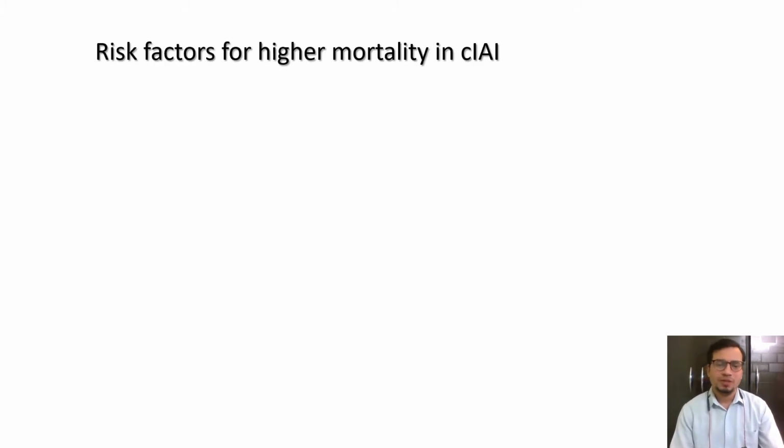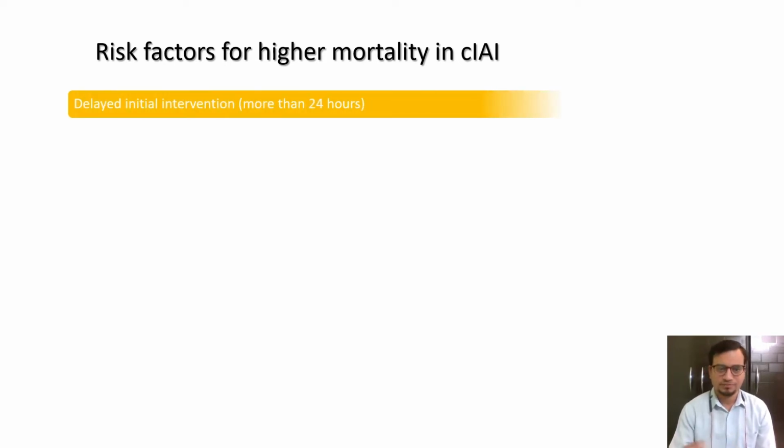Now we will learn about the risk factors for higher mortality in complicated intra-abdominal infections. We should look for these in the patient and be more cautious while telling the patient's relatives about the prognosis. These risk factors include delayed initial intervention: if the patient comes to your facility beyond 24 hours of the first inciting event, that is abdominal pain, then mortality is definitely going to be higher.